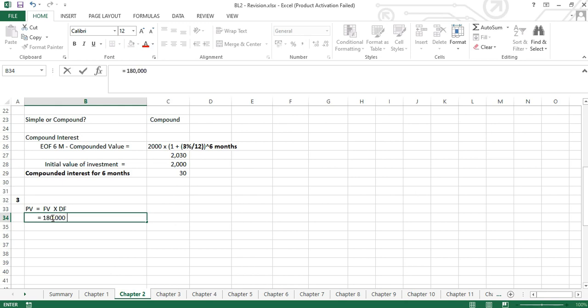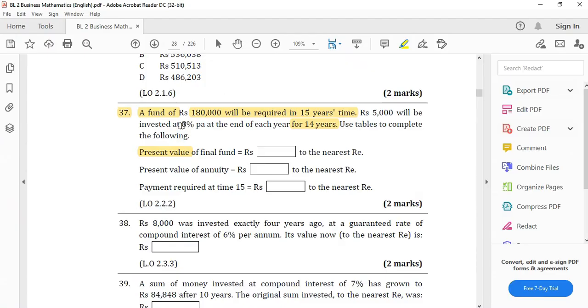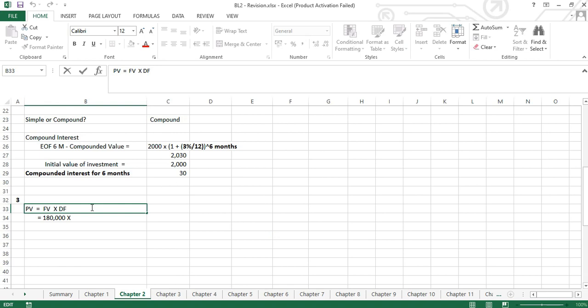Our discount factor should be, in this case, at 8% for how many years? 15 years. Okay. So they mentioned the fund will be collected at the end of the 15th year.